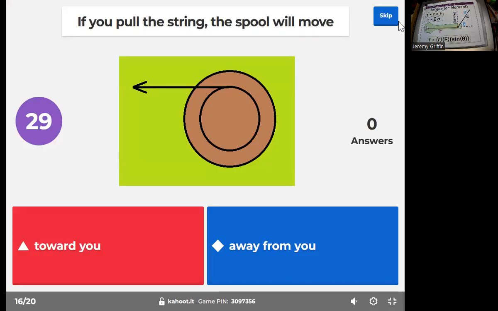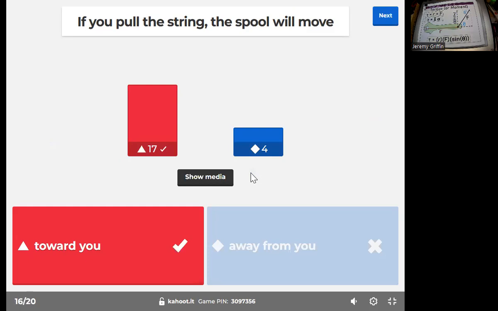Which way will the spool move? There's a ground down here too, right? I should have drawn the ground. So pull to the left, which way does the spool move? Yeah, towards you.